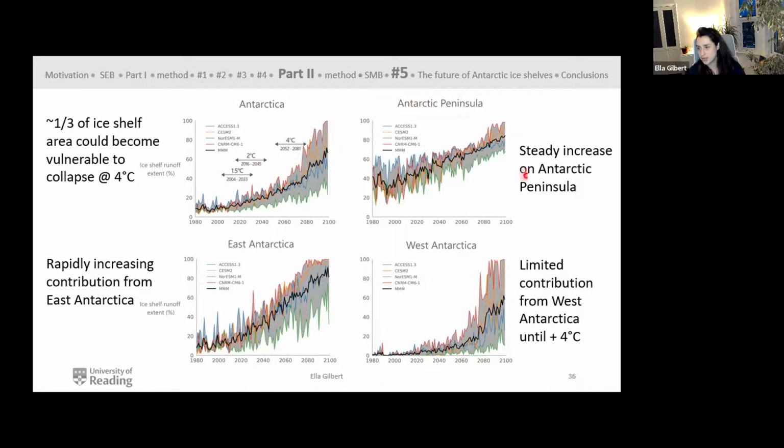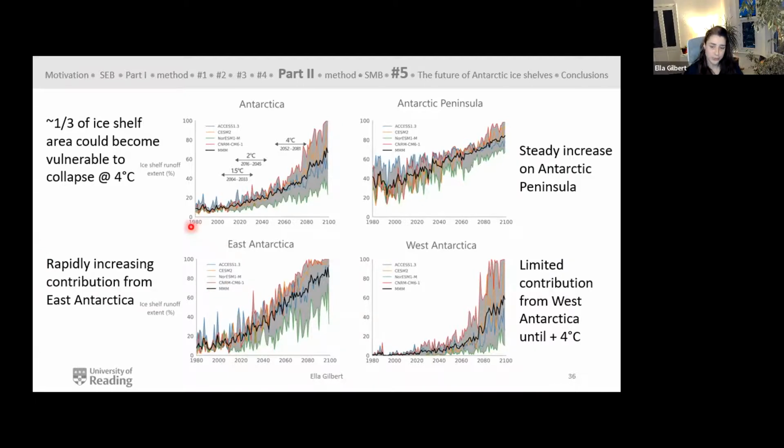So for example, in the Antarctic Peninsula, you have a fairly steady increase through time as temperatures warm in the amount of ice shelf area that's undergoing runoff, but it increases from around 40% in 1980. So this suggests that there are other processes going on, because not all of these ice shelves have collapsed, and that's to do with the fact that some ice shelves are quite resilient to hydrofracturing.